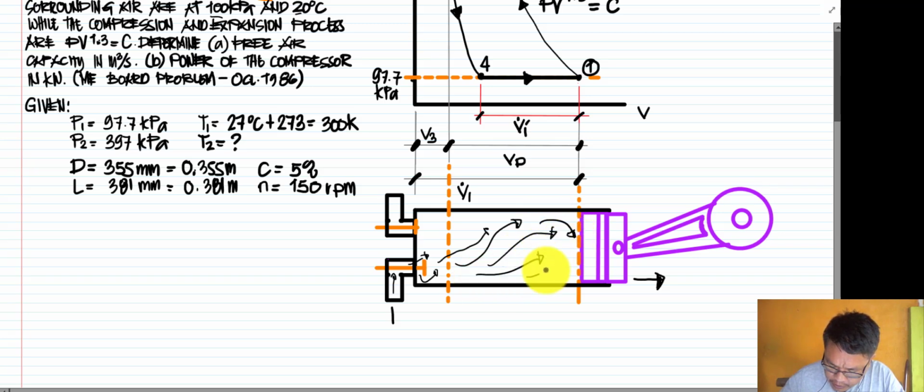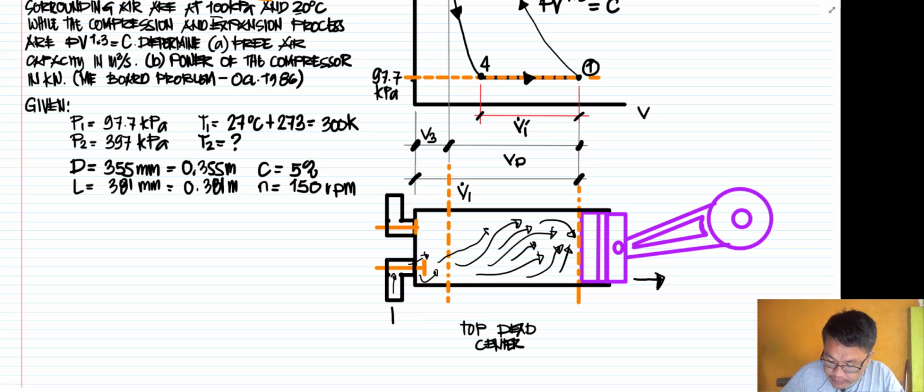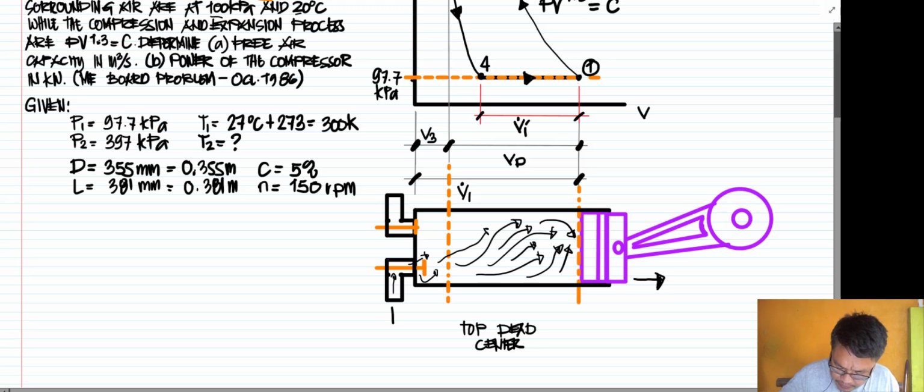So there is a certain portion which is not filling up the cylinder of the compressor. So there is a gap, or free space. We have here the portion which is called the top dead center, at this part.